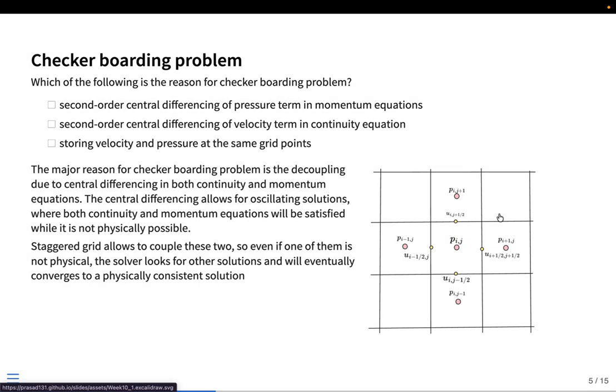For example, even if you get a velocity field with a checkerboarding pattern, there is still a momentum equation you have to solve, in which the pressure will not be zero, and that will let whatever algorithm is being used to solve this problem iterate more to eventually find a better solution. That is the main idea behind the staggered grid technique.